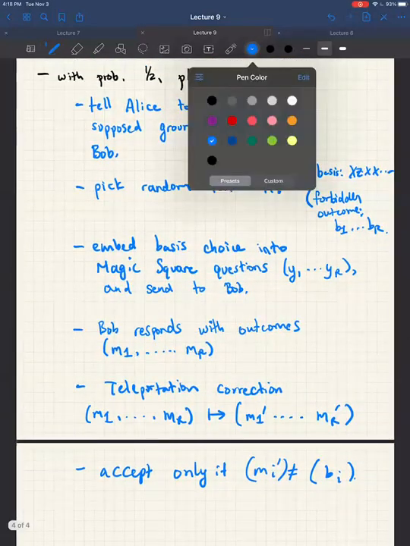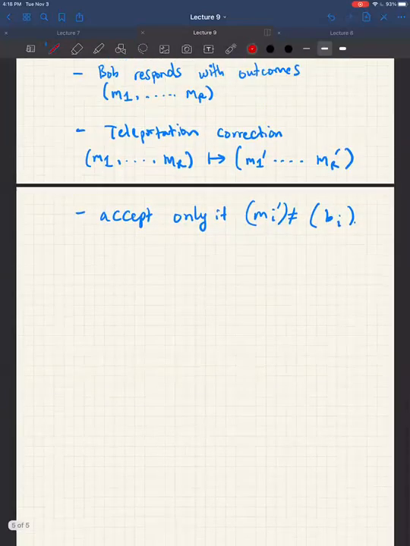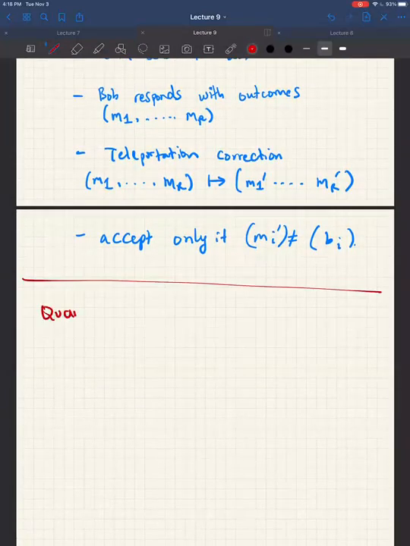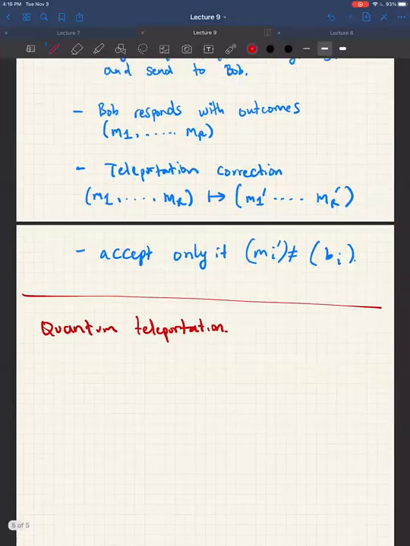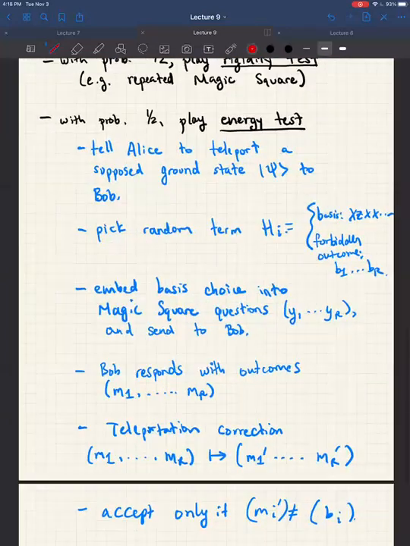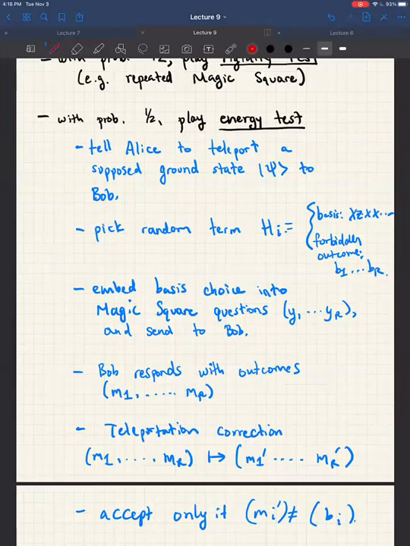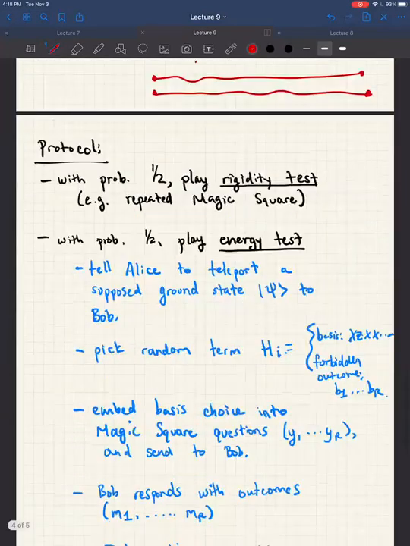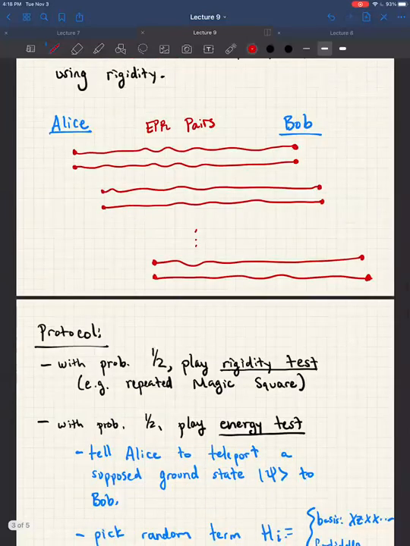Okay, so let's have a sidebar, which is, let's discuss what quantum teleportation is. Wait, so all of this in blue is the energy test? Yes. So why does Alice need to send Bob a ground state? Can he come up with one on his own? Great question. Bob could definitely come up with his own ground state, but the only problem is when we're playing the magic square game, or when we send him these magic square questions, the only guarantee we have is that he's measuring his half of the EPR pair.